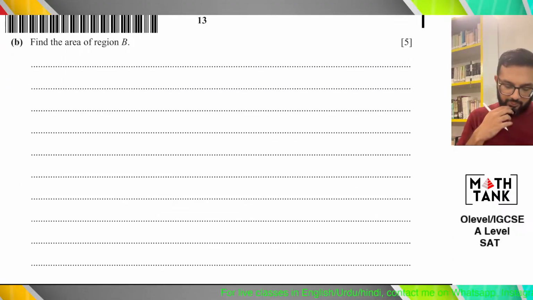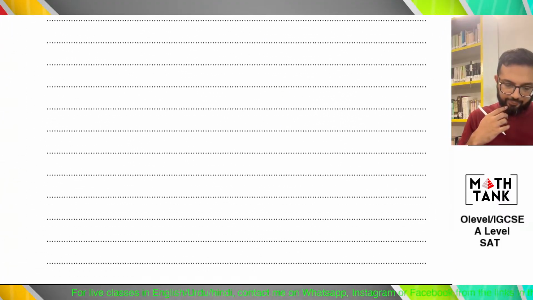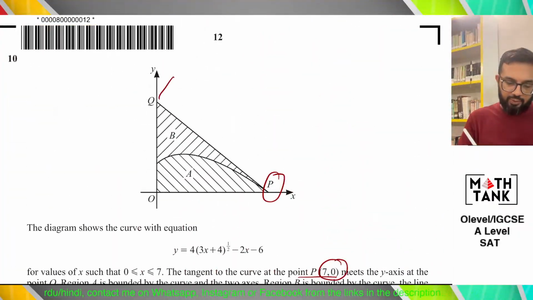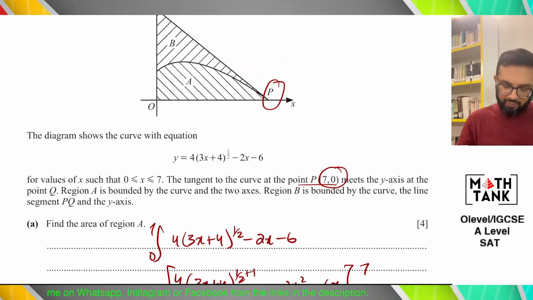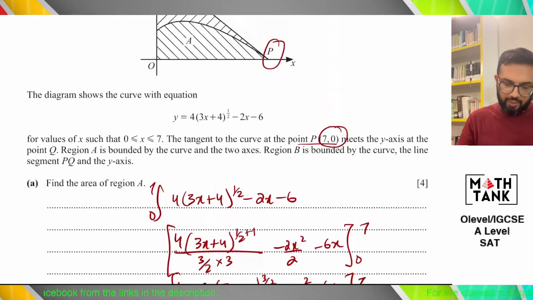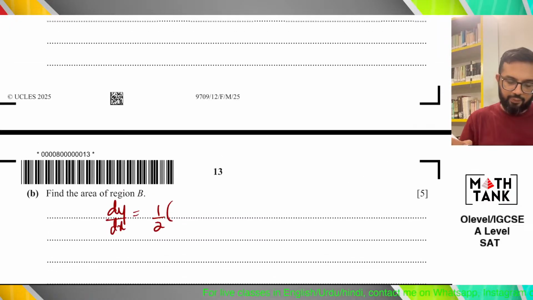Find the area of region B. Region B is basically subtraction of the line. If I can somehow just find the triangle here, it's a tangent. So let's first work on the tangent. Okay, so I'm going to calculate dy by dx. Say that this is half.